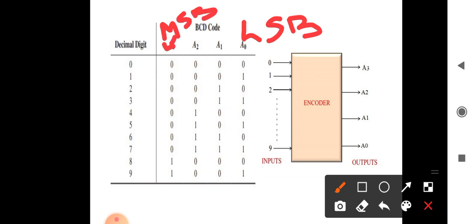So A3 is considered as the MSB, that is the most significant bit. Here you can see A3 is high only for 8 and 9, A2 is high for 4, 5, 6, 7, A1 is high for 2, 3 and 6, 7, and A0 is high for 1, 3, 5, 7, 9.